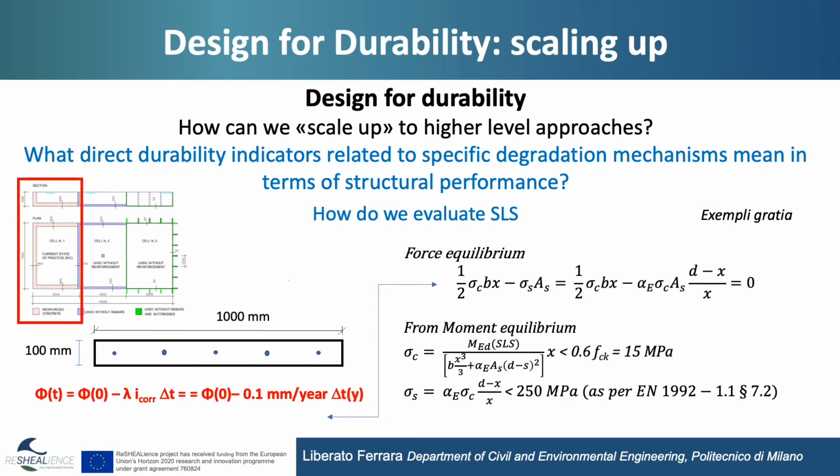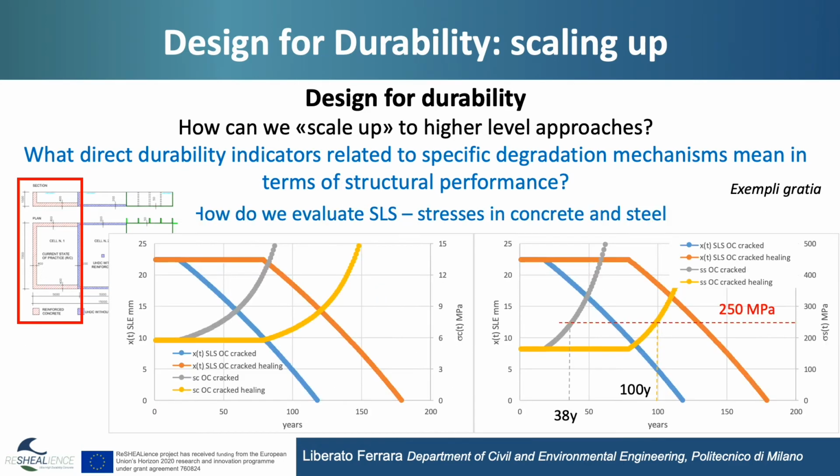For example, we can evaluate over time, look at the graphs on the right, how the neutral axis depth goes from the initial value, which is around 23 millimeters, rapidly decreases, or how the stress in the concrete, the gray and yellow curve, increases, and at the same time how the steel stress increases.